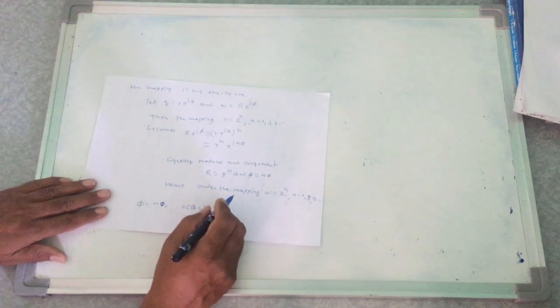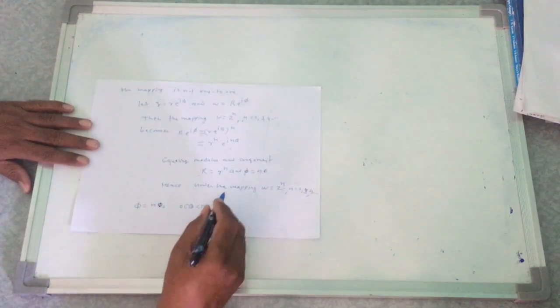Hence theta lying between 0 to pi by n in the z plane is mapped into the upper half region.